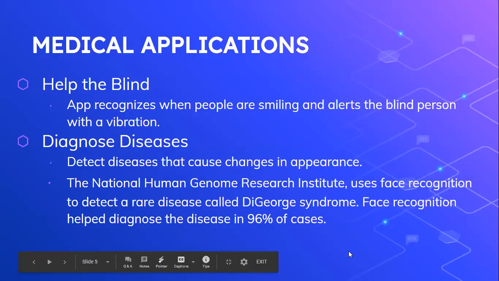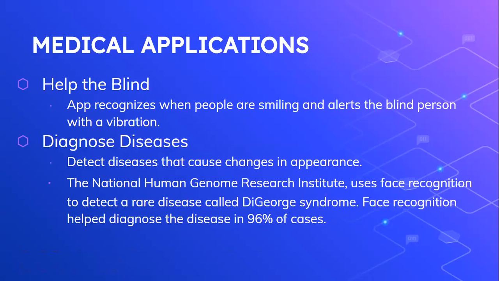Facial recognition is also commonly used in the medical industry. For example, it can help blind people recognize when others are smiling, using technology that sends them a vibration by recognizing those facial expressions. It also can help diagnose diseases that usually have a special facial change.